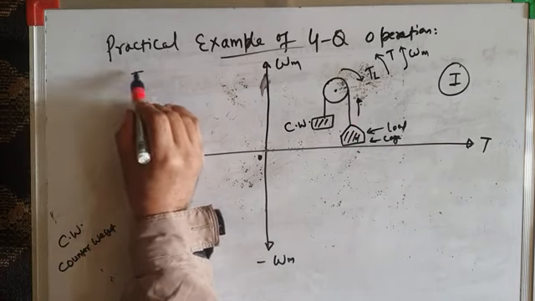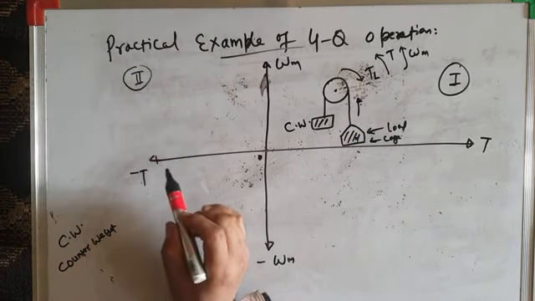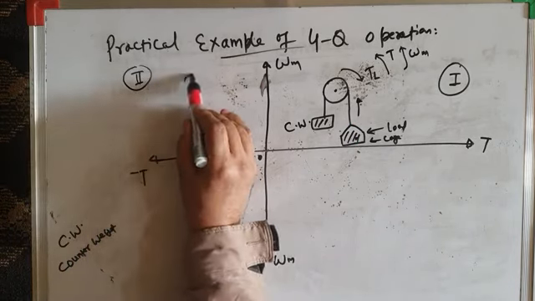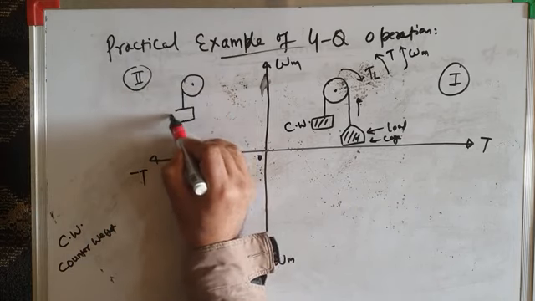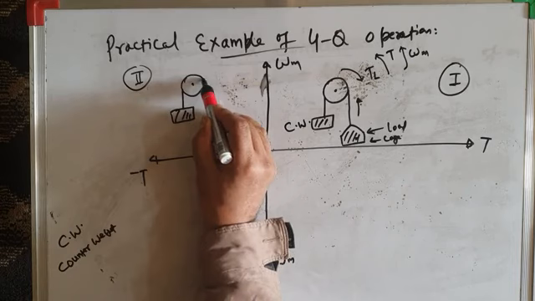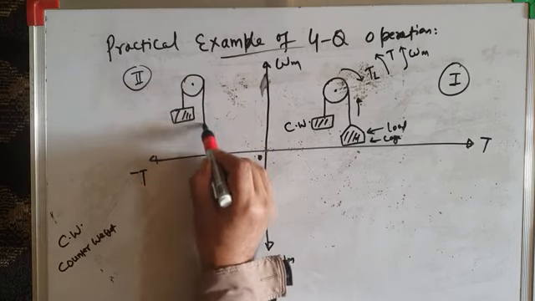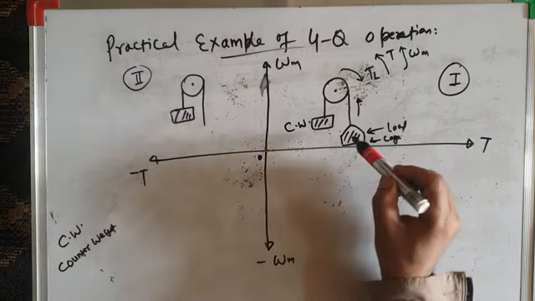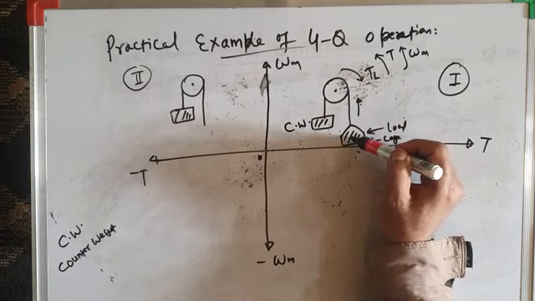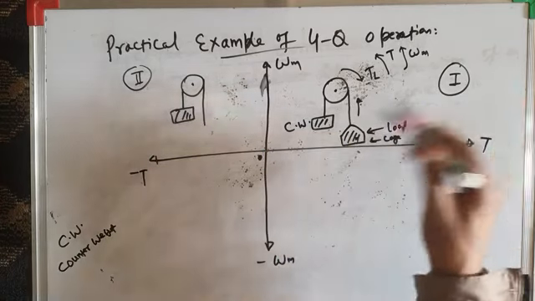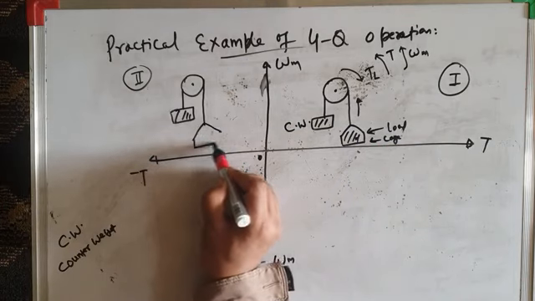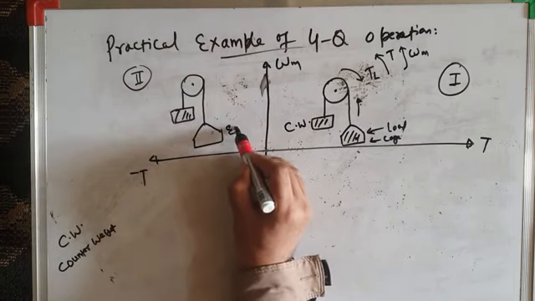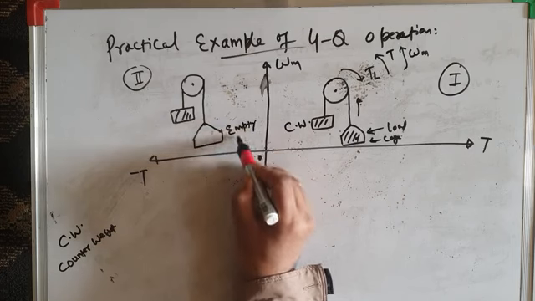What will happen in the second quadrant? In the second quadrant, the situation is like this. This is again the pulley, and this is the counterweight. Let us suppose the cage is now at the 10th floor, you have taken the load out of the cage, and the cage is now empty. I will write here empty cage.